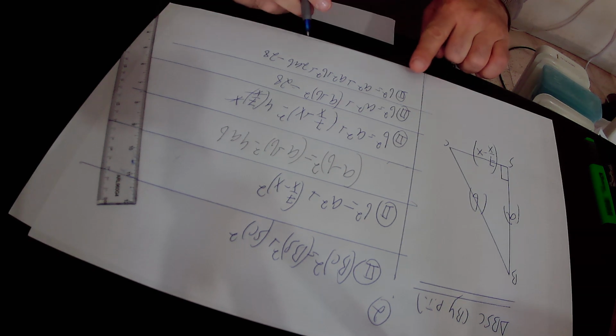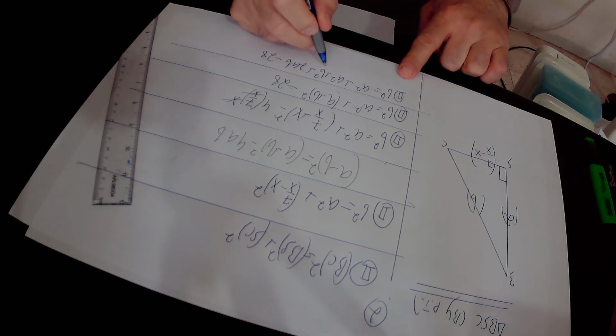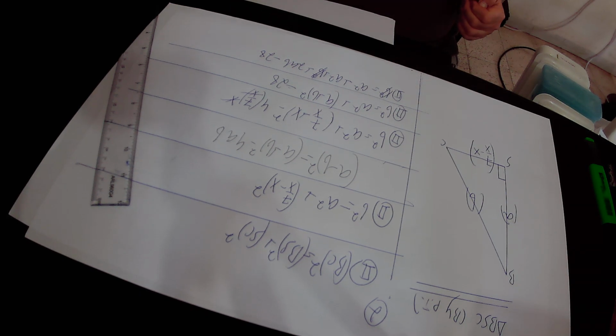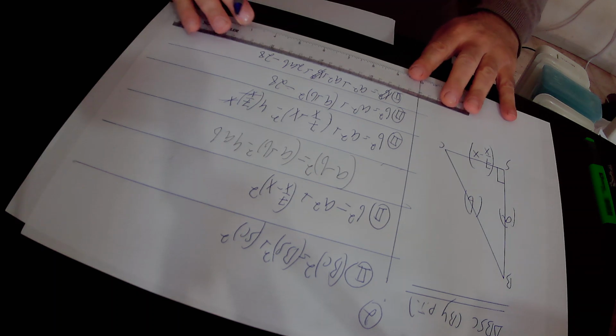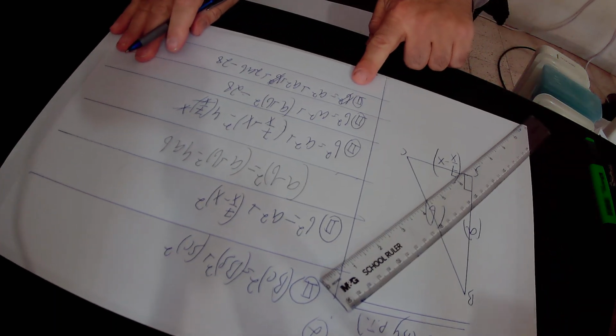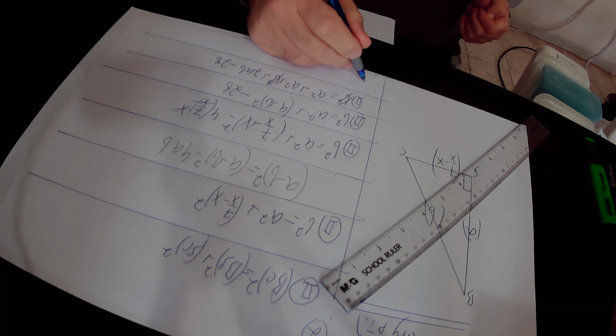Here we have b squared on both sides of the equation, so b squared gets cancelled. After we cancel b squared, on this side of the equation we have nothing, that is to say 0.